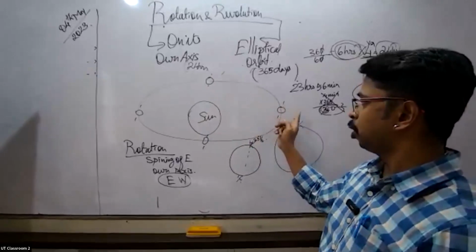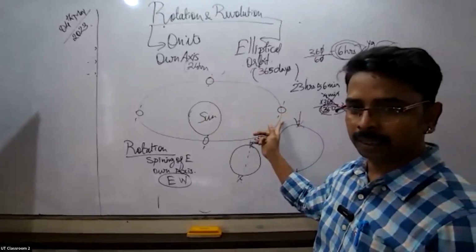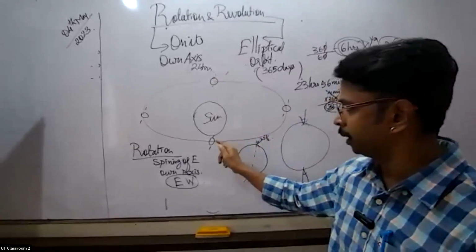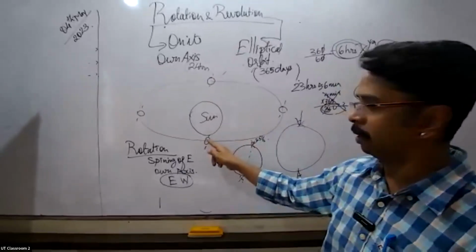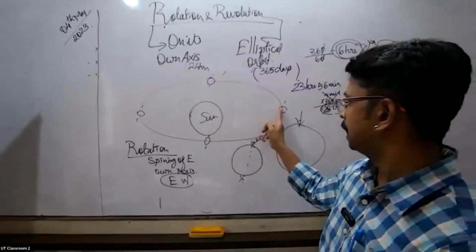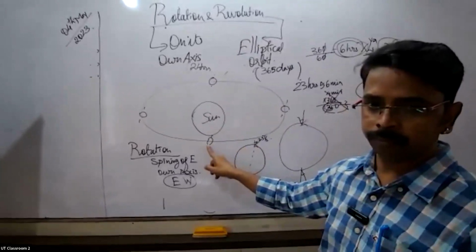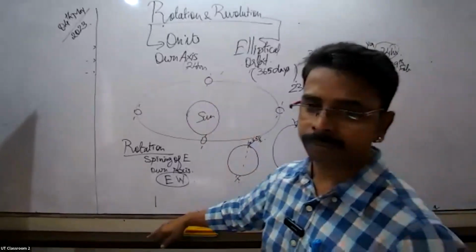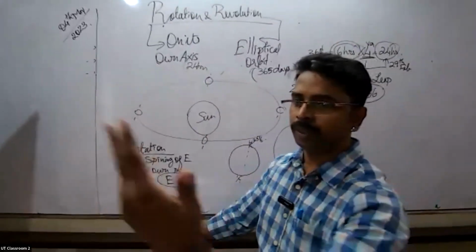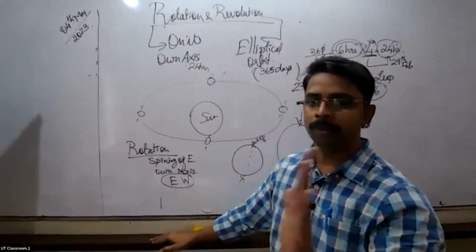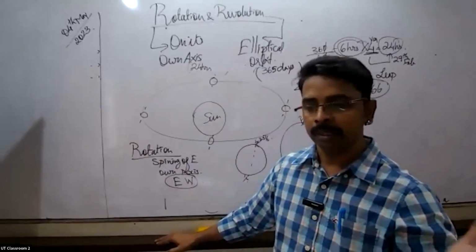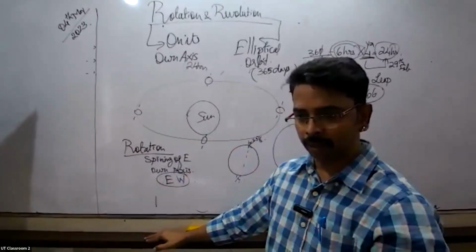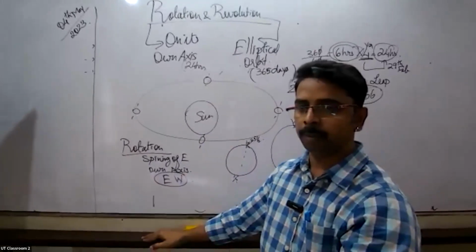That side of the earth which is opposite of the sun will always have the night. Now, since it is rotating, this side might have come here, and this side might have come down. The Sun is in its place. Who is rotating? The side which is facing the sun will have day, the opposite side of the earth will have night. Then after 12 hours, the earth which was facing the sun will become night.